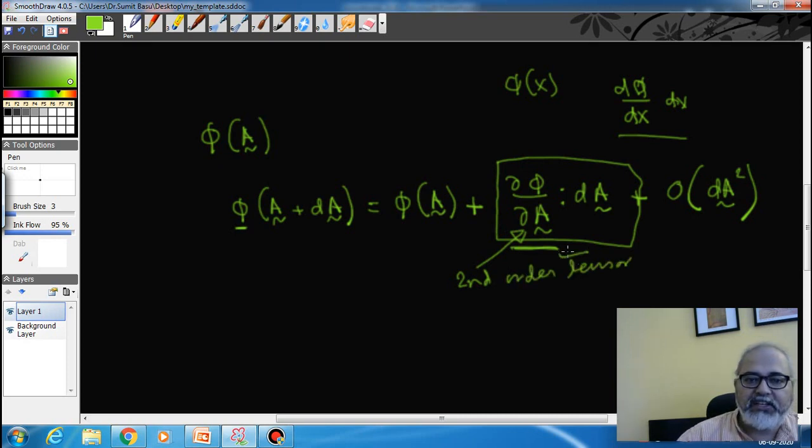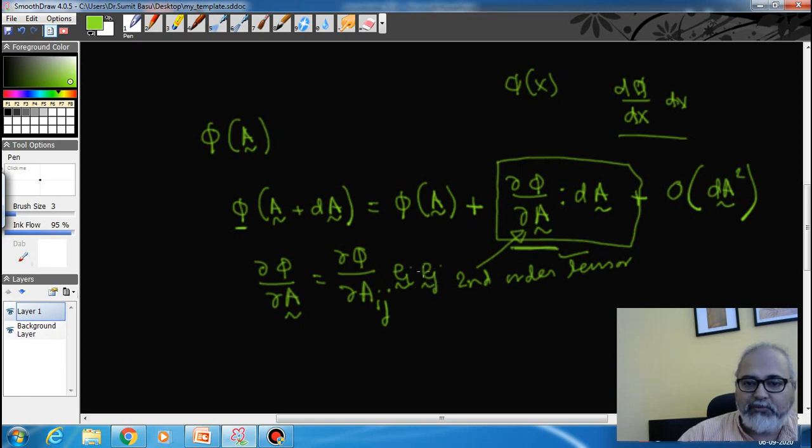So what we now see is that the first derivative of phi with respect to A is itself a second order tensor, which is written like del phi del A, and whose components would be, because A is the only second order tensor here and phi is a scalar, del phi del A_ij, e_i e_j.